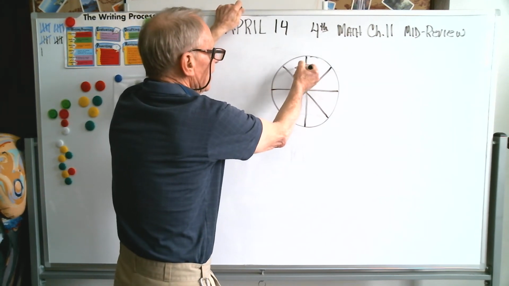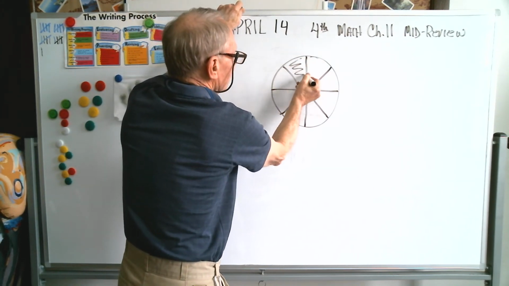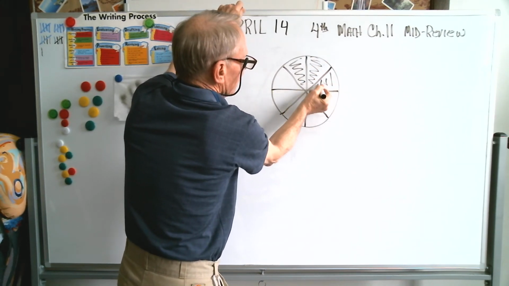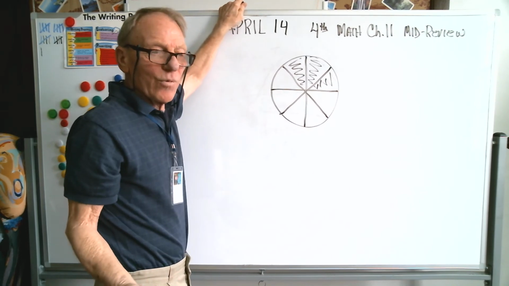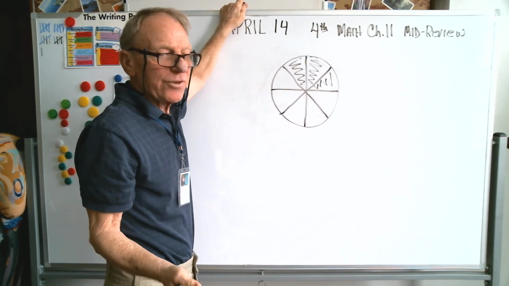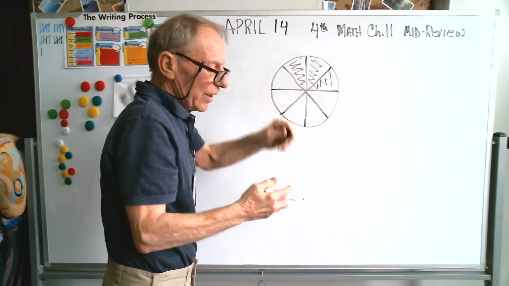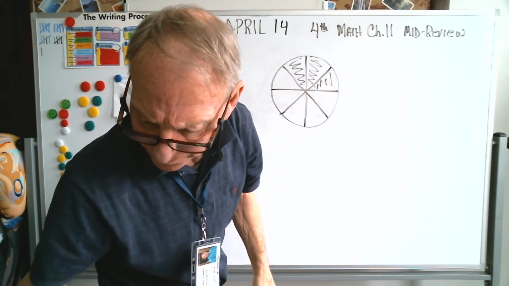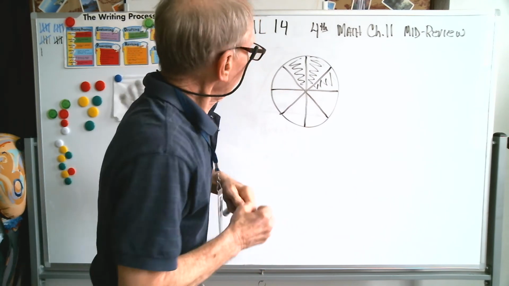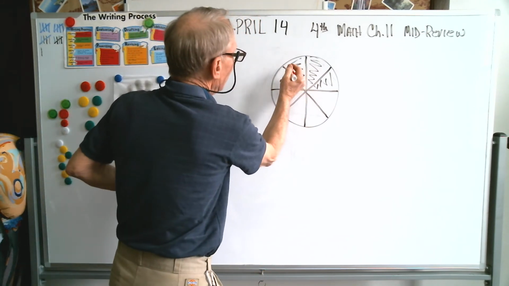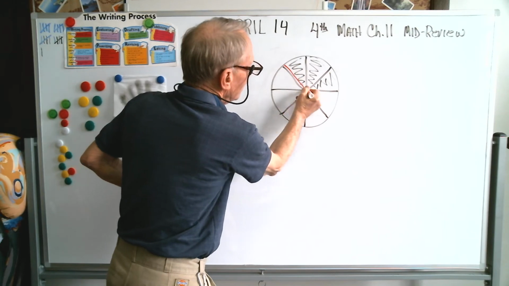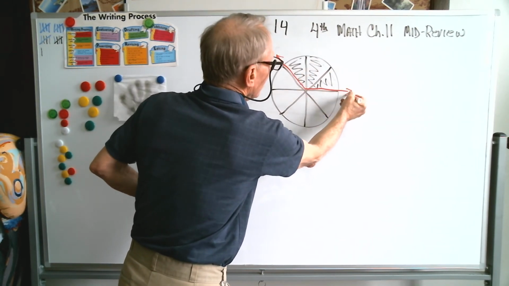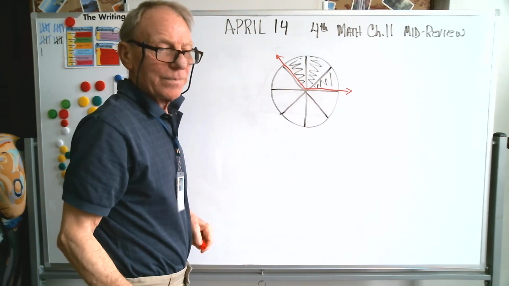So let's take this section, and this section. Now, because they're all equal, it doesn't matter what 3 sections you take. So what we're looking at then is an angle that goes from here to here. So there's our angle.